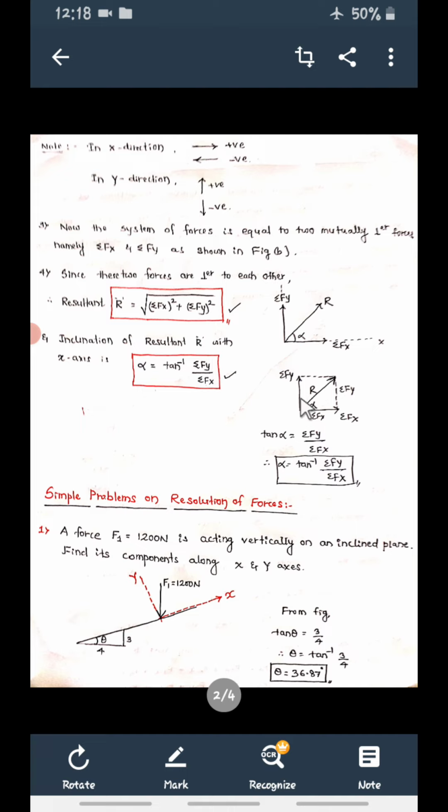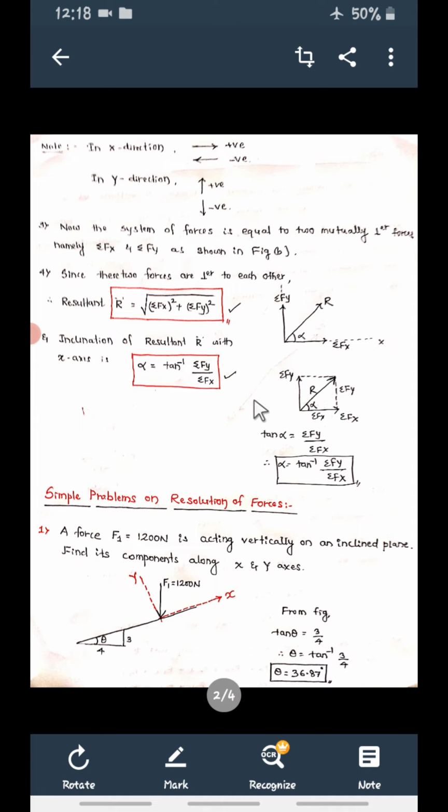Remember this formula also. Same thing we have drawn: this is summation Fx, this is summation Fy, and this is the resultant. I want this alpha. With summation Fx and summation Fy values, I can find out this inclination alpha.